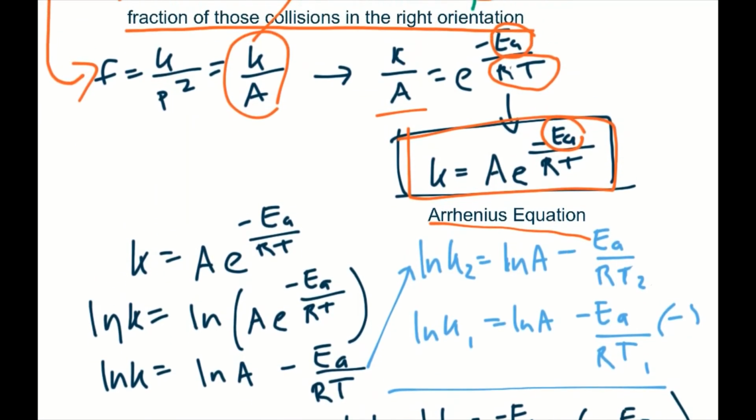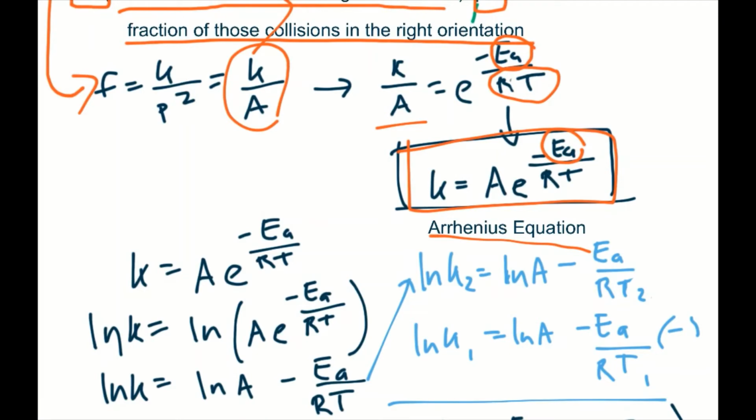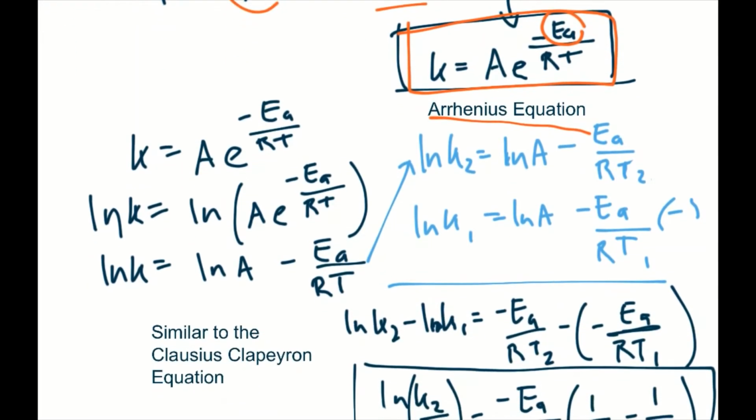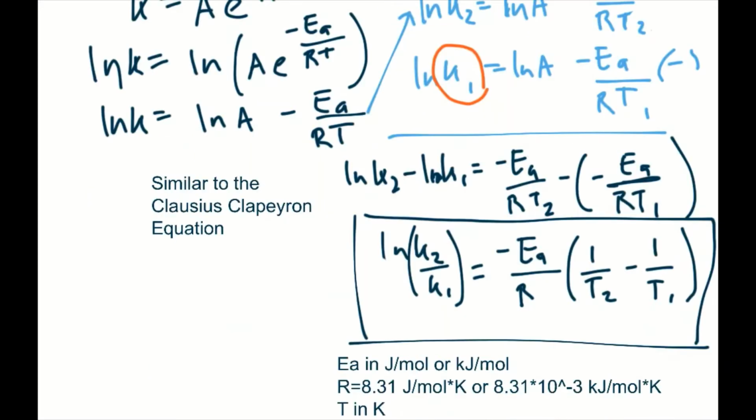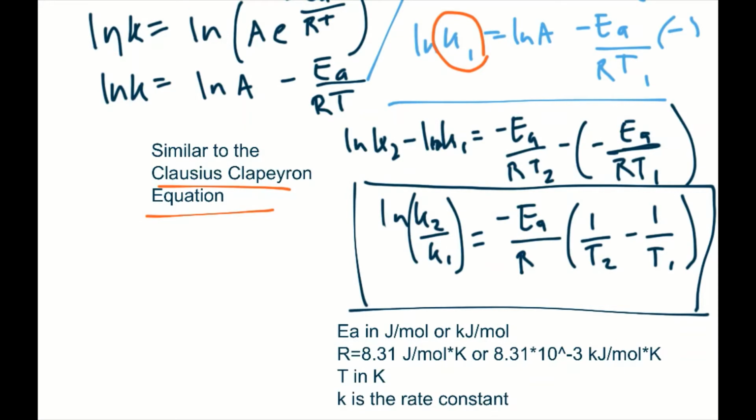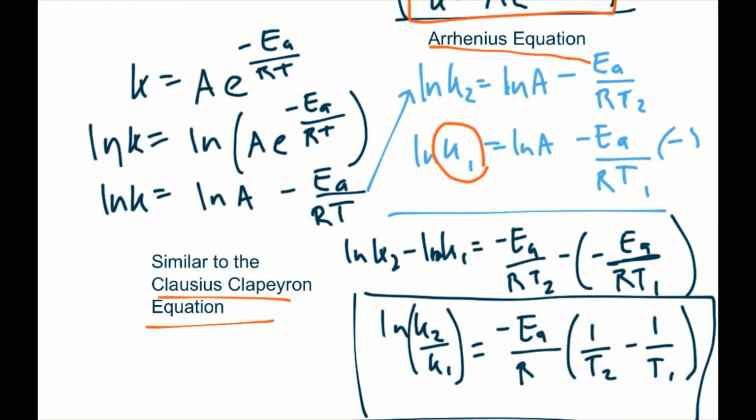So we can actually go a step further and do some math so that we can find the rate constant at different temperatures. This should remind you of the Clausius-Clapeyron equation, which was discussed in the videos about vapor pressure, or more specifically video 7.1. So we are going to play around with the Arrhenius equation.